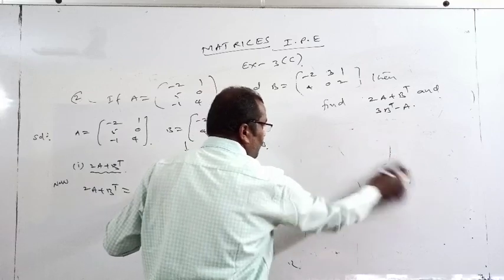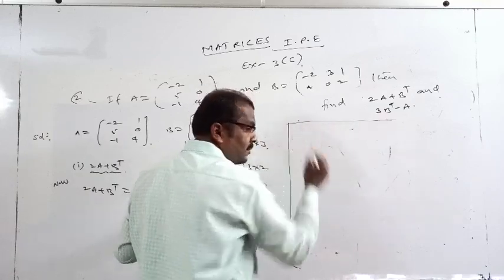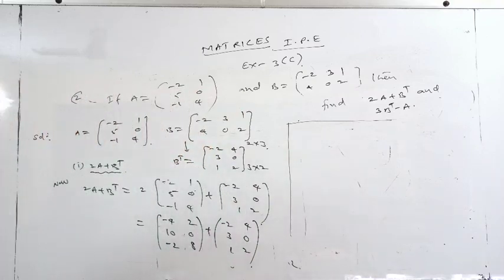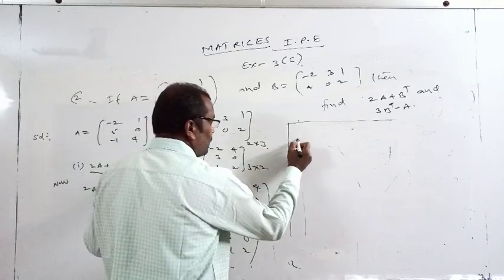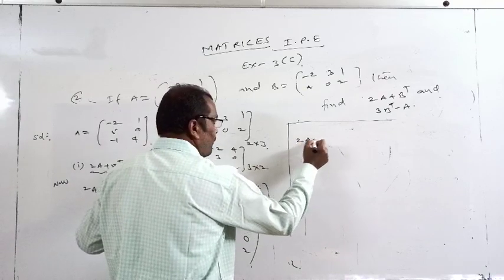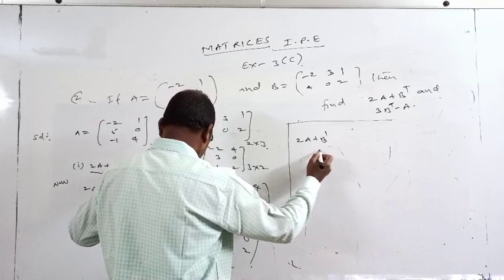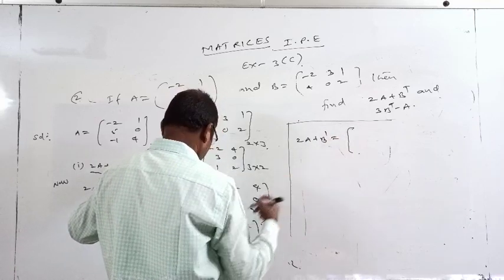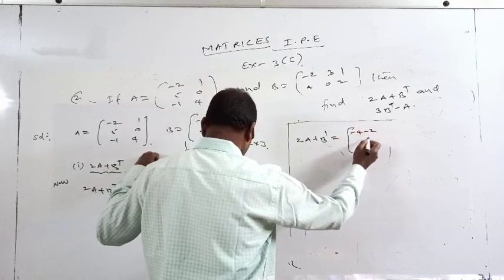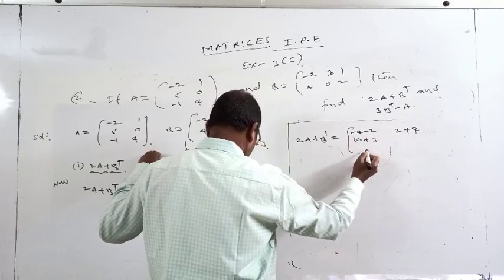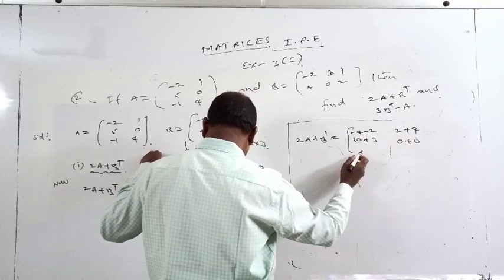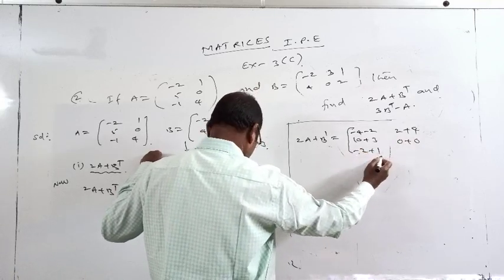Now take the addition of two matrices. Minus 4 minus 2, we are adding the elements. 2 plus 4, since we have a plus between them. 10 plus 3, 0 plus 0, minus 2 plus 1, and 8 plus 2.